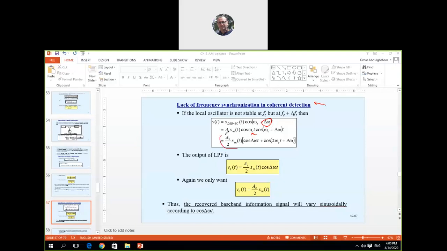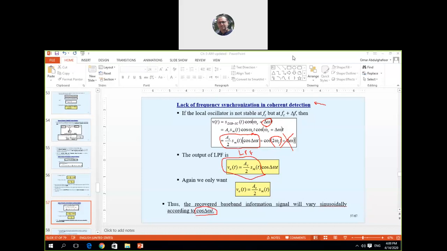Then after the low pass filter, this term gets cancelled because 2 omega C is high frequency. Again, this is the received signal, and I want only this one. I don't want any cosine attached to my original message. So the recovered baseband information signal will vary sinusoidally according to cosine delta omega t, which is definitely an unwanted scenario.